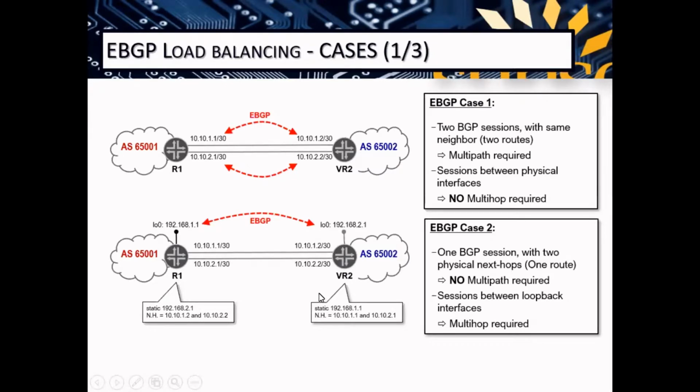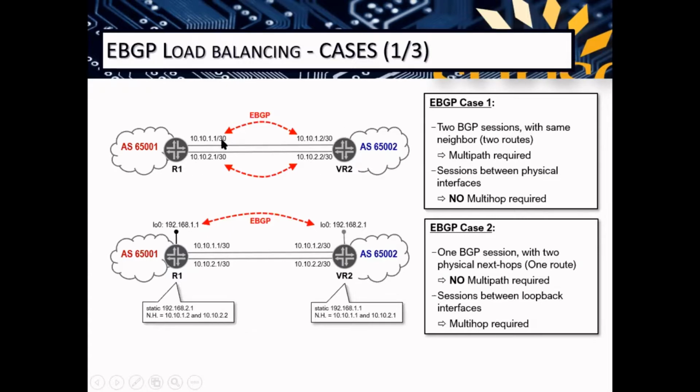So let me talk about the different cases or scenarios that you might run into or that you might want to implement. The first one is a case where you have 2 different routers with 2 physical interfaces connecting them, and you're going to be setting up 2 BGP sessions using the physical interfaces.